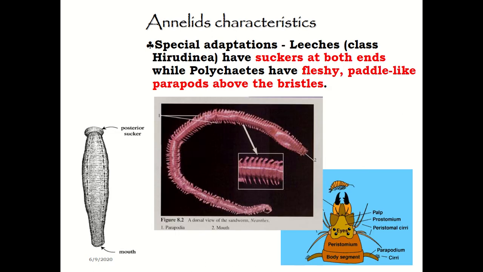And also the class of Hirudinea, such as the leech, have a sucker at both ends of their body. Meanwhile, Polychaeta have fleshy paddle-like parapodia above the bristles.